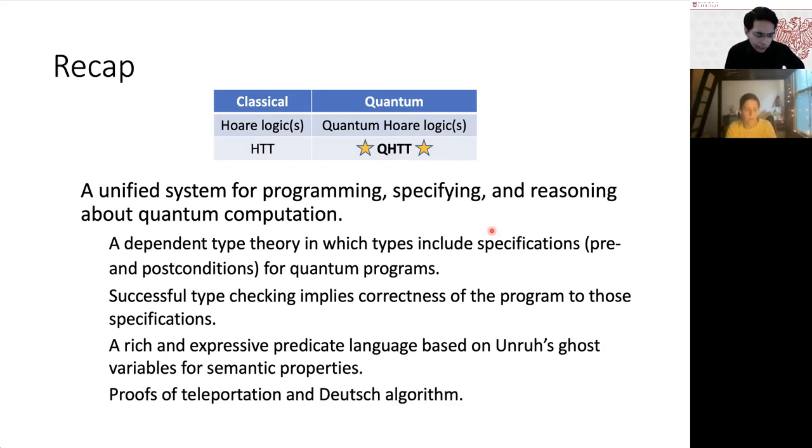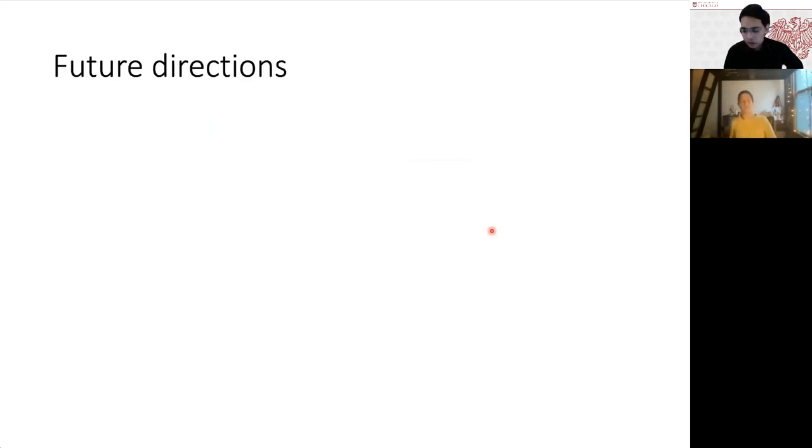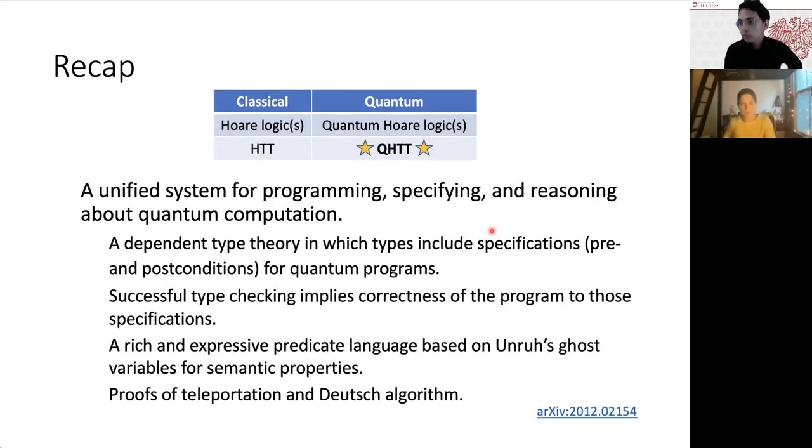Other things we have done include a Deutsch algorithm proof, which is a little more hairy, but all those details are in the paper and it's currently on arXiv. And that's all. Maybe I can wait for some questions before I conclude.